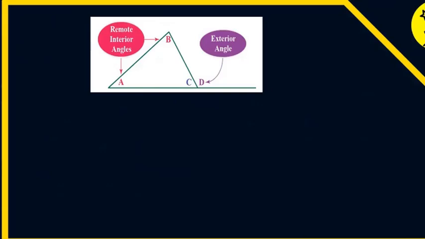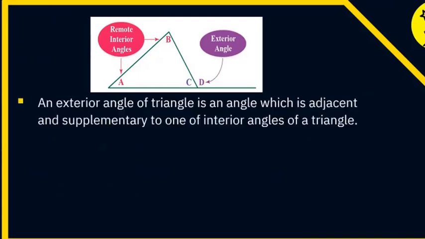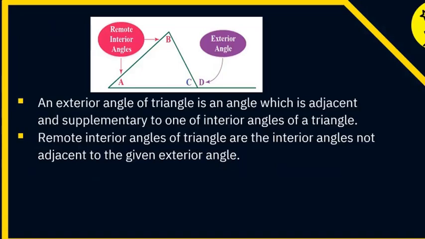Therefore, there is an angle formed, and that will be the exterior angle, and we have angle D. So an exterior angle of a triangle is an angle which is adjacent and supplementary to one of the interior angles of a triangle. The remote interior angles of a triangle are the interior angles not adjacent to the given exterior angle.